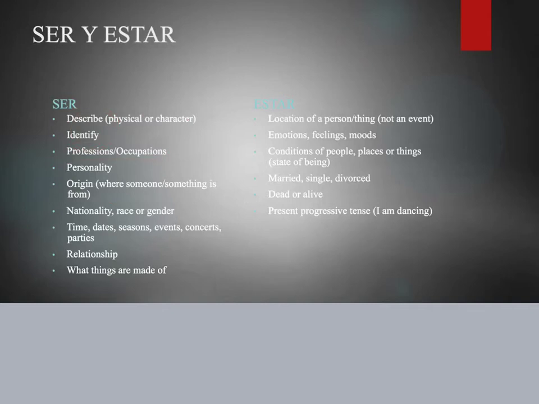Again, I'm also using ser to describe personality or character. So, ella es simpática. Whenever I want to identify who or what I'm talking about, so she is, I'm identifying her as a nice person, then I'm going to use ser. Again, we use ser to also describe origin, identifying where we're from.